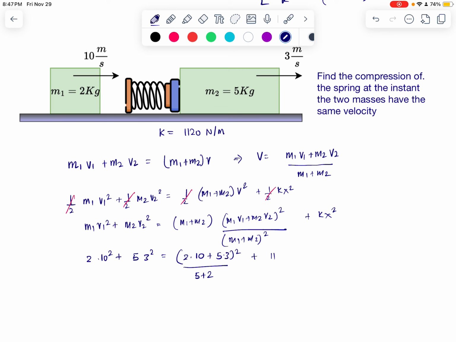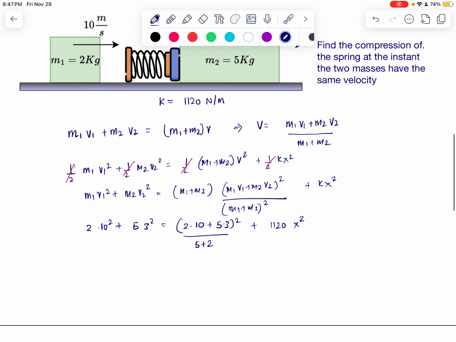Plus 1120 times x squared. So x here equals 245 minus 175 divided by 1120, square root, which equals 0.25 meters.